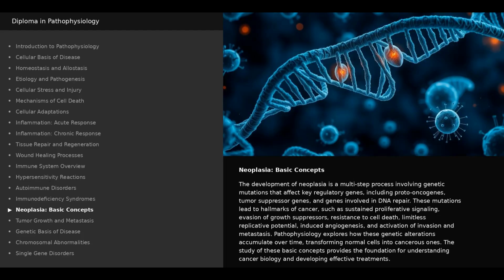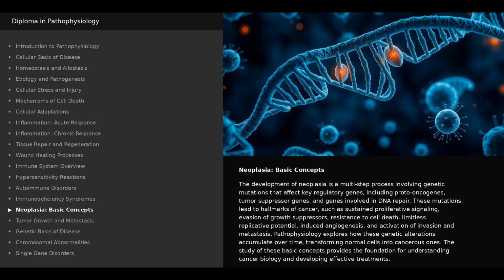The development of neoplasia is a multi-step process involving genetic mutations that affect key regulatory genes, including proto-oncogenes, tumor suppressor genes, and genes involved in DNA repair. These mutations lead to hallmarks of cancer, such as sustained proliferative signaling, evasion of growth suppressors, resistance to cell death, limitless replicative potential, induced angiogenesis, and activation of invasion and metastasis.